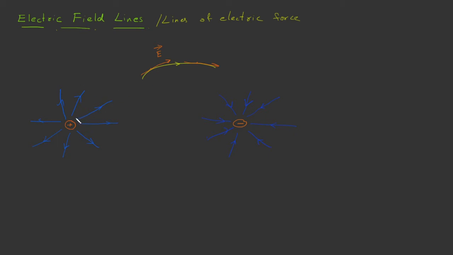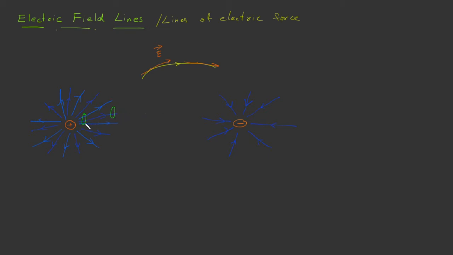Now, let us draw some more lines here to understand more about these electric field lines. Now consider two equal areas, one near the charge and one far away from it.